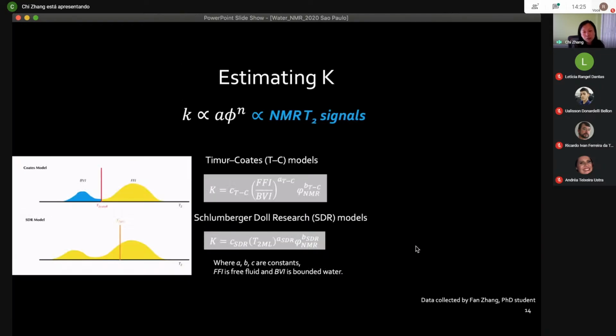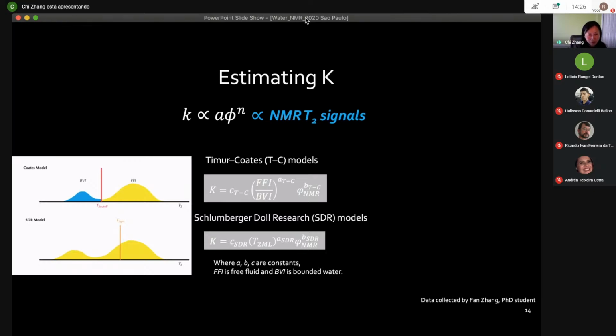So another very interesting parameter we always wanted to get, basically the holy grail, is the hydraulic conductivity. The idea of calculating the hydraulic conductivity is usually to link the hydraulic conductivity or the permeability K to some sort of porosity relationship, very often with an exponential coefficient, and then to link with a different type of data, such as NMR data or the SIP data or some other kind of data.